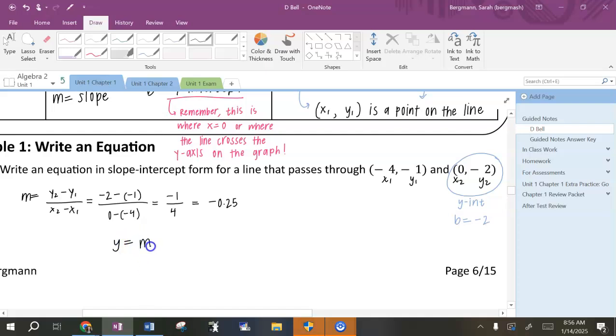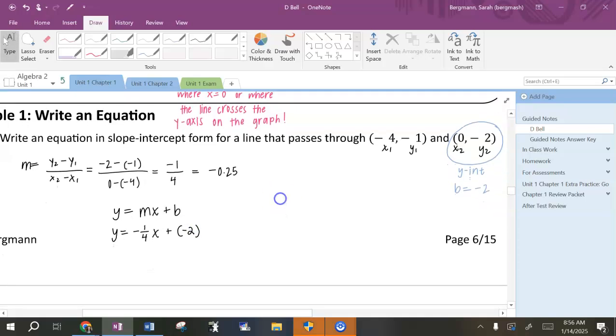Y equals mx plus b. I have to fill in m, the slope, so I can put -1/4, and I have to fill in b, the y-intercept, so I can put -2. In order to write this more simply, you can put y equals -1/4 x minus 2, because adding a negative is always the same as subtraction.